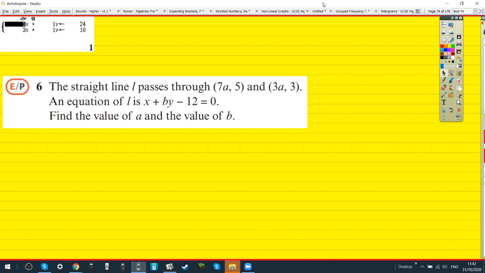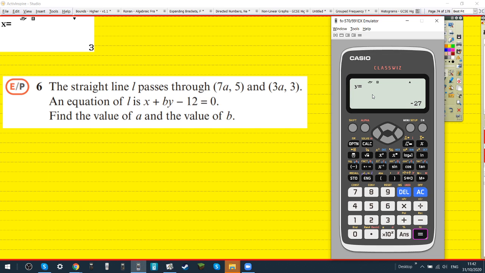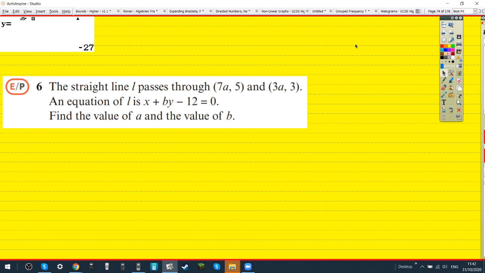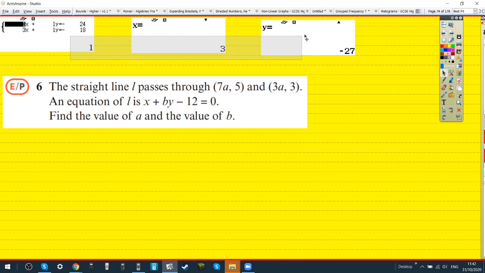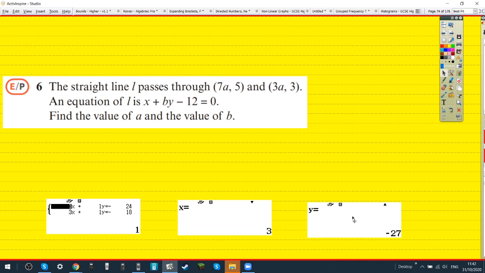Okay, so then we substitute them into the equation of L. Yep. So for the first one, it would be 7a plus b(5) minus 12 equals 0.